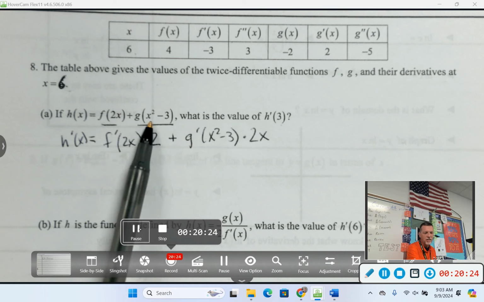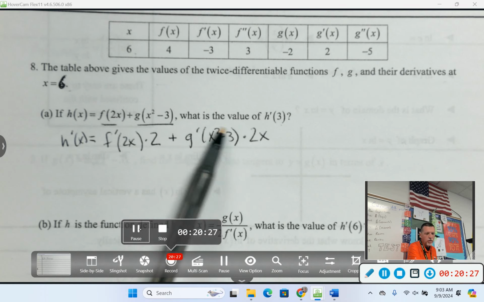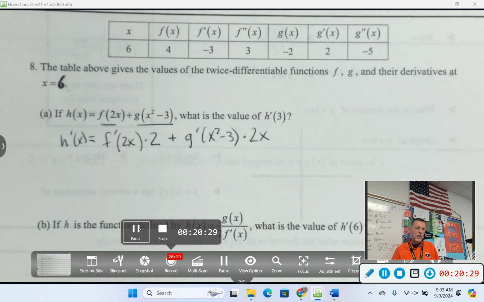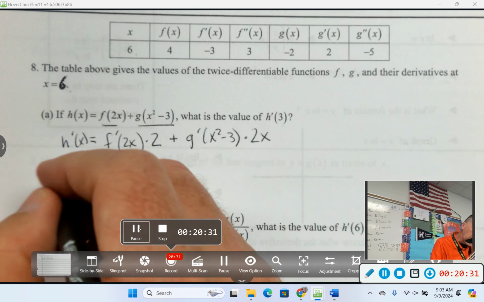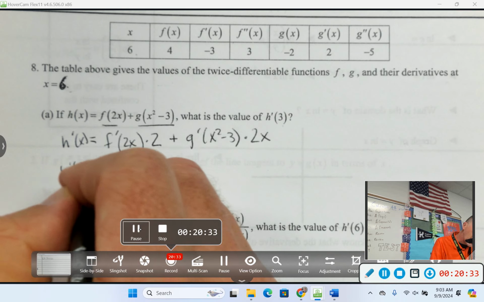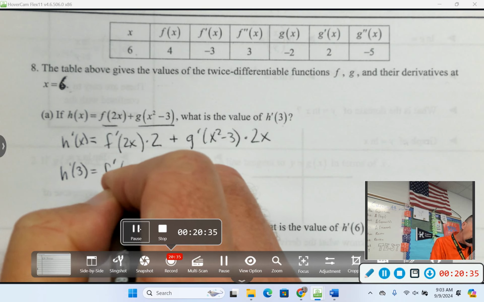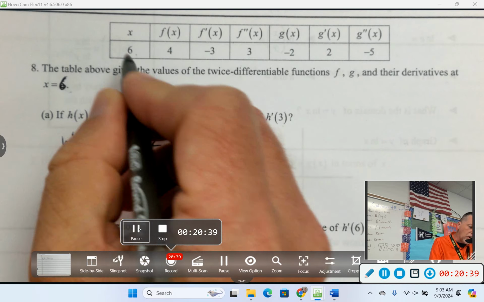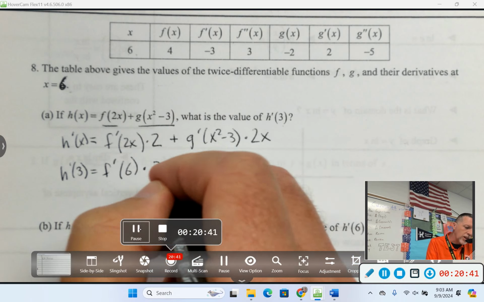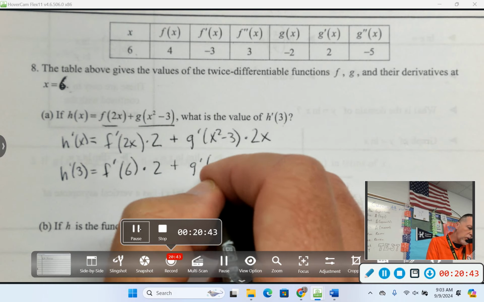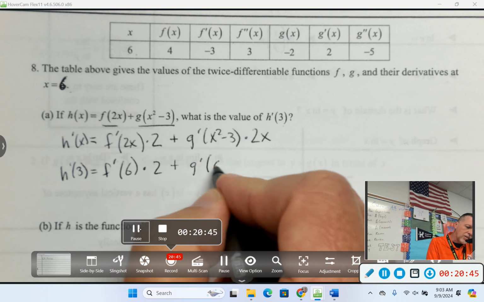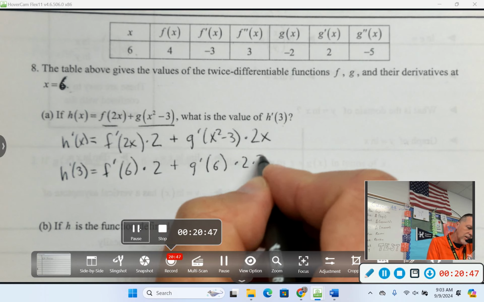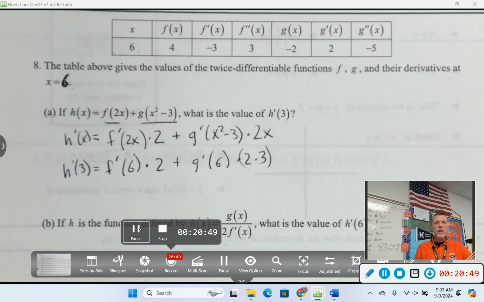You don't know what g is, so you just call it g prime. But then you can take the derivative of x squared minus 3. And then plugging in 3, f prime of 2 times 3 is 6, which is good because all my x values need to be 6 in order to use that table. G prime of 9 minus 3 is 6 times 2 times 3.